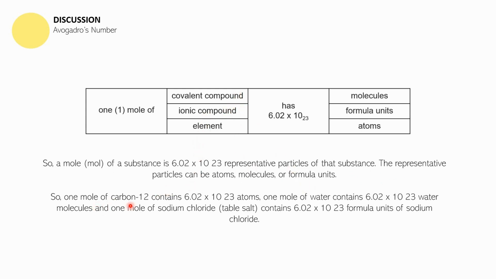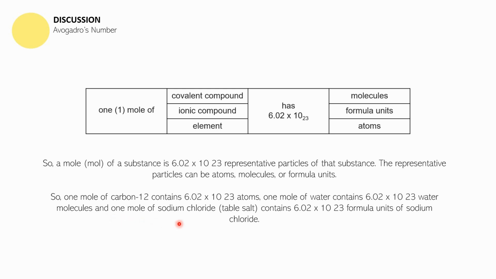And so 1 mole of carbon-12 has 6.02 times 10 raised to the 23rd power atoms because carbon-12 is an element. Kaya atoms yung ginamit natin dyan. 1 mole of water naman, which is a covalent compound, contains 6.02 times 10 raised to the 23rd power water molecules. Kaya molecules because it's a covalent compound. You heard the dog, I know.